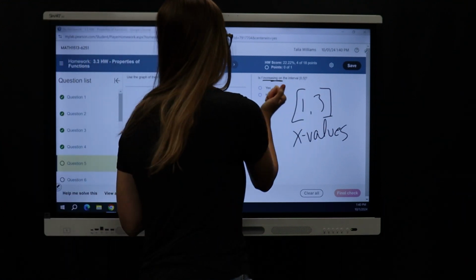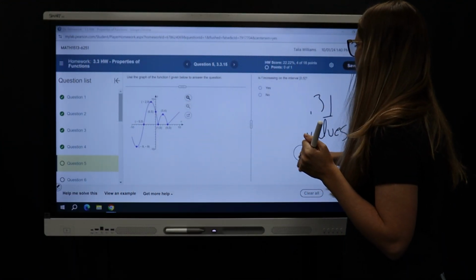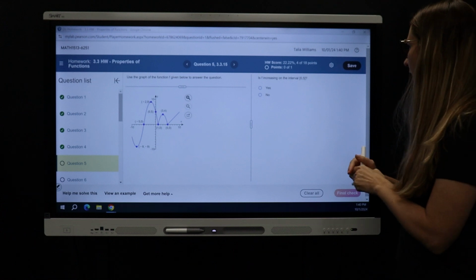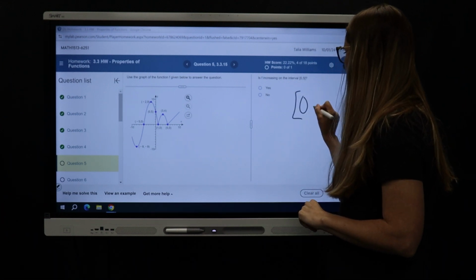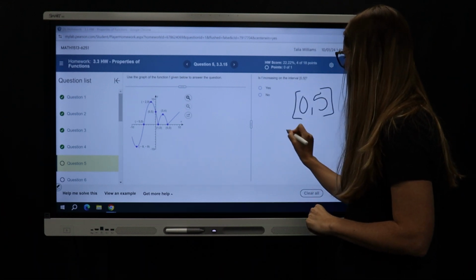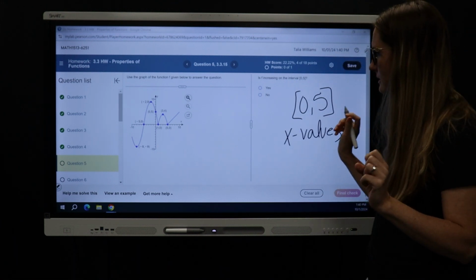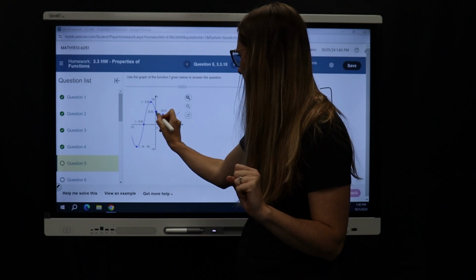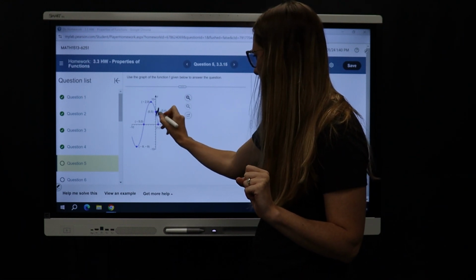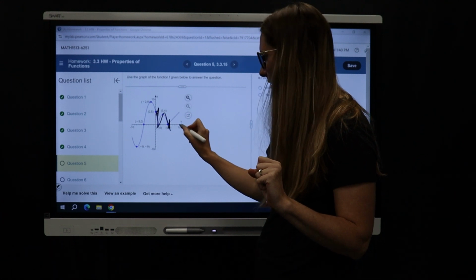Next one, same graph. Is f increasing on the interval 0 to 5? So we're looking at 0 to 5. Remember, these are the x values. So x is 0 here, and it's 5 here. It decreases, it increases, it decreases.